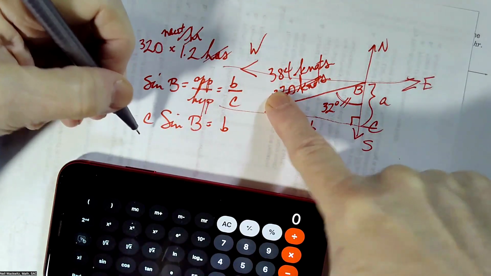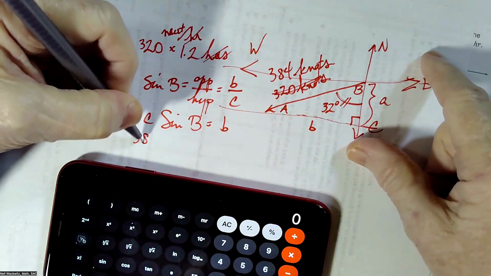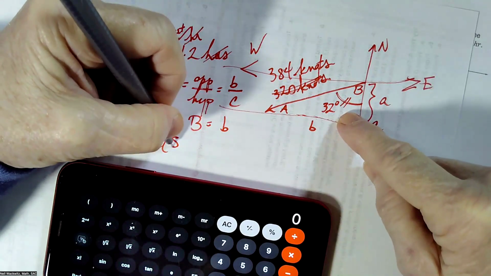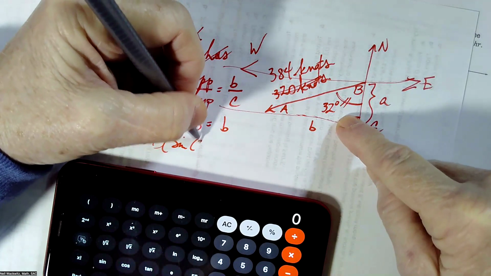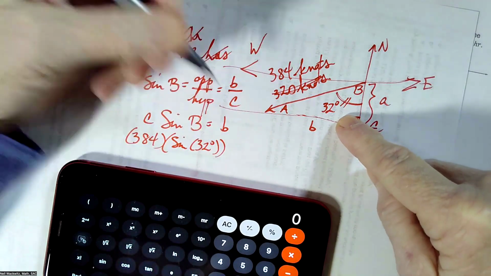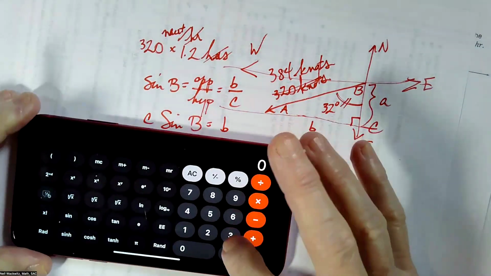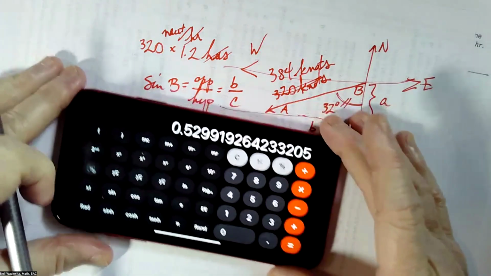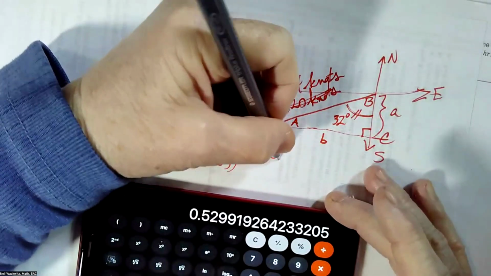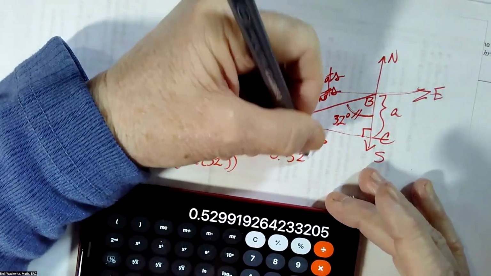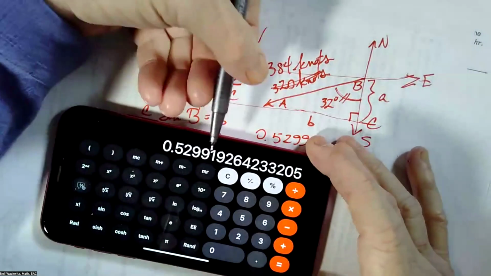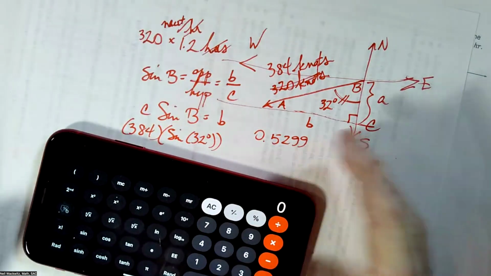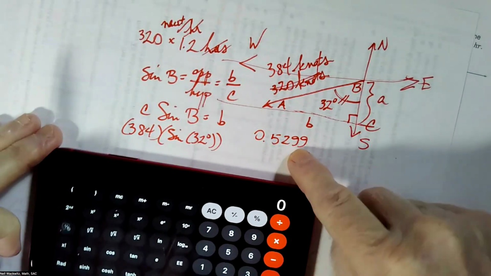We know that c is 384 and angle B is 32 degrees. So I've got sine of 32 degrees, which is 0.5299. The fifth digit is a 1, so I don't have to worry about rounding, but I do have to turn off that number and plug in the rounded one.